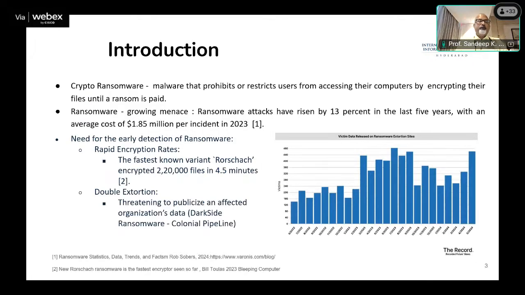So all of you probably know that crypto ransomware is the malware that encrypts your file system, encrypts your data, and thereby stops you from using your own data or your own machine. And if you read any threat report of today, you'll find ransomware is in the top 5 of the attacks that people are facing every year.